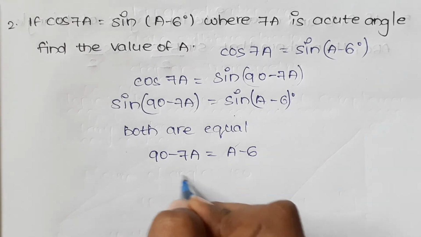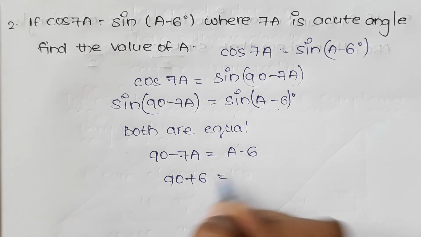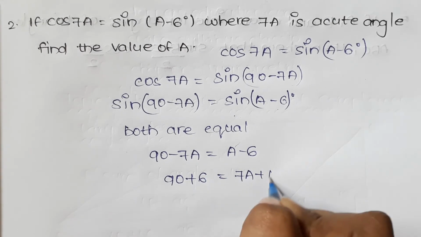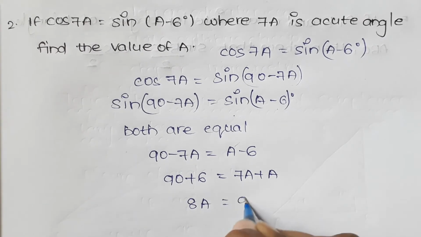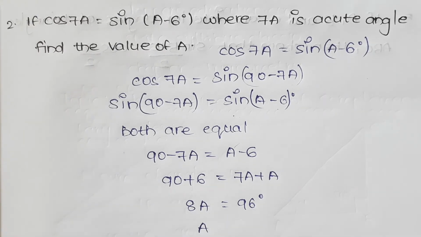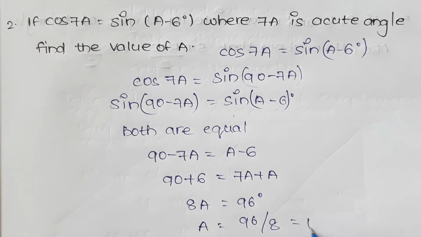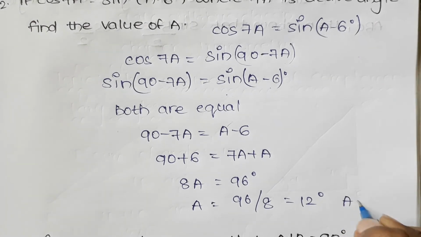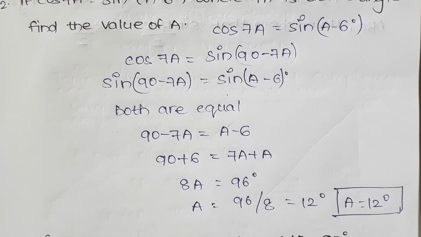And now the minus 6 is taken to the LHS side as 90 plus 6, and 7A is taken to the RHS, and now 8A equals 96 degrees, then A equals 96 divided by 8, that is 12 degrees. So angle A is 12 degrees. And this is about the second one. Now let us see the third one.